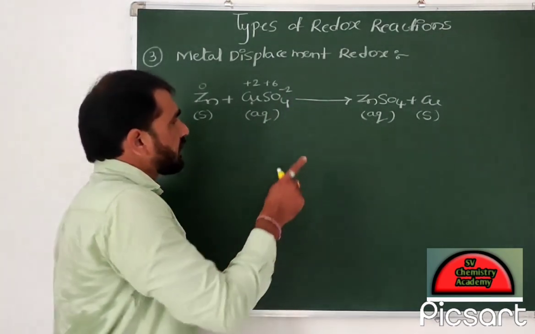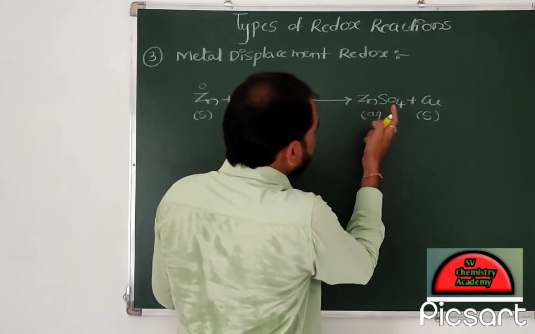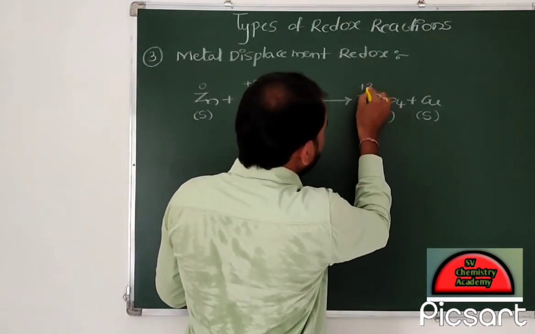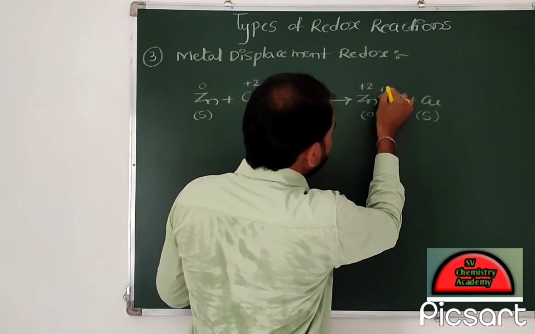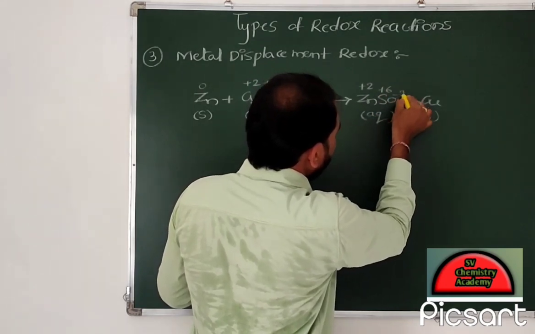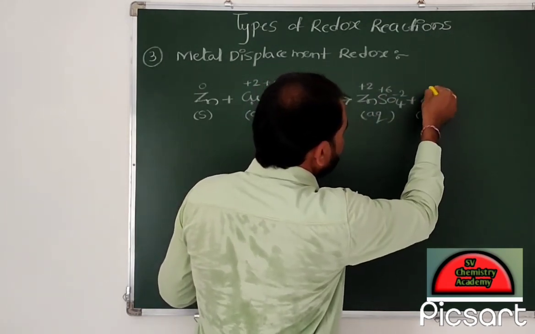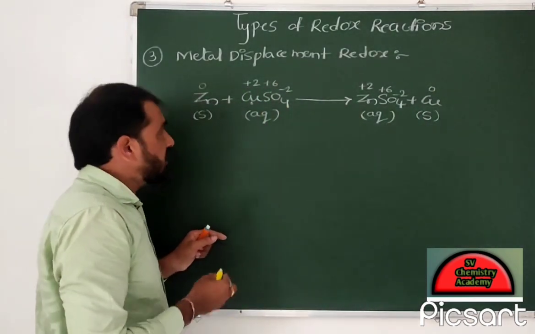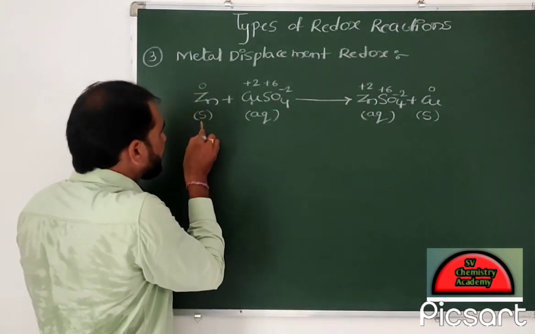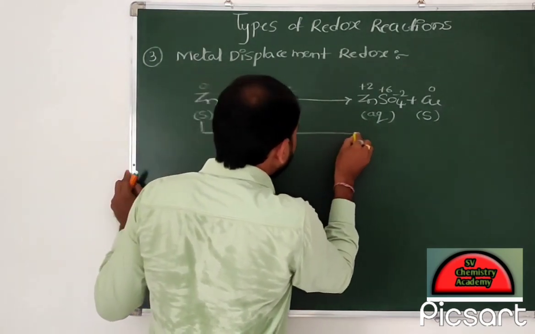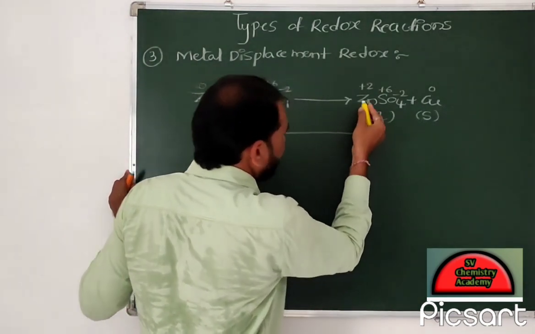Is it clear? Then coming to the right side, zinc sulfate. Zn is in +2 oxidation state, sulfur is in +6, oxygen is in -2, and copper is in 0 oxidation state. Right? Then on the left side zinc oxidation state is 0, but on the right side its oxidation state changed to +2.